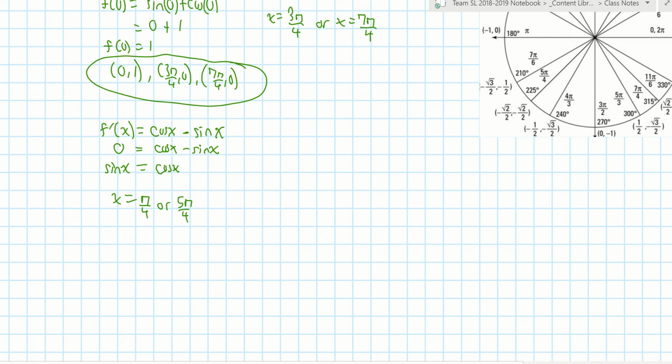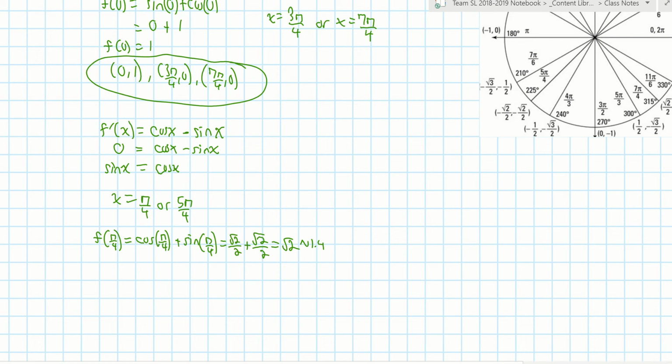Now, because you're curve sketching, you must find the y value here as well. So we found the x value. So now we got to go to the original function and find the y value. So f of pi over 4 equals cosine pi over 4 plus sine pi over 4, which is root 2 over 2, plus root 2 over 2, which is root 2, which is about 1.4 something.